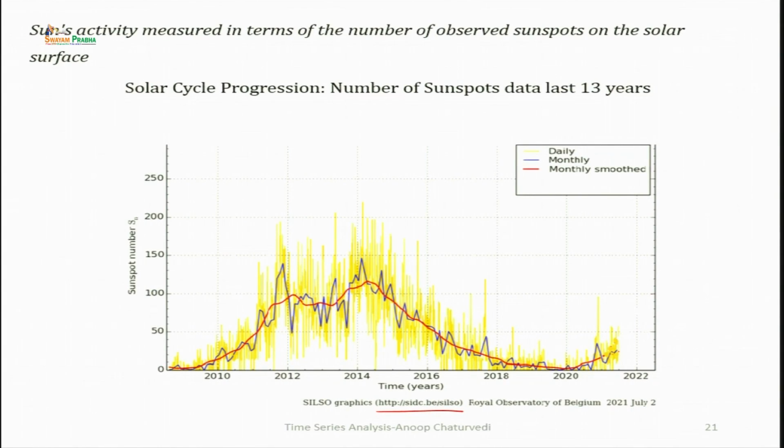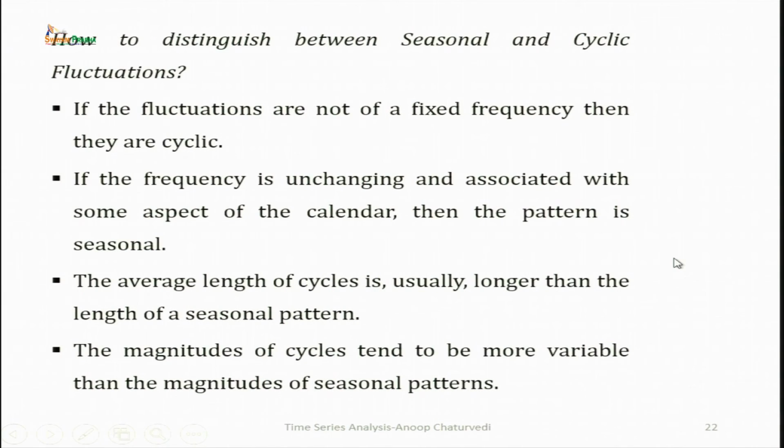How to distinguish between seasonal and cyclic fluctuations? Now, this is a big problem, because both the fluctuations are periodic in nature. So, on the graph, both the variations look almost alike.